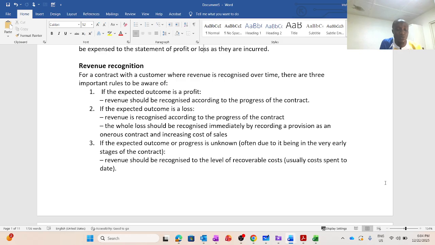If at year one, year two or year three the expected outcome of the contract is profitable, how are we going to recognize revenue at that point in time? Also, if the expected outcome is a loss, what are we going to do to recognize our revenue? Finally, if at the initial stage of the contract we are unable to determine whether we are going to make a profit or a loss on this contract.